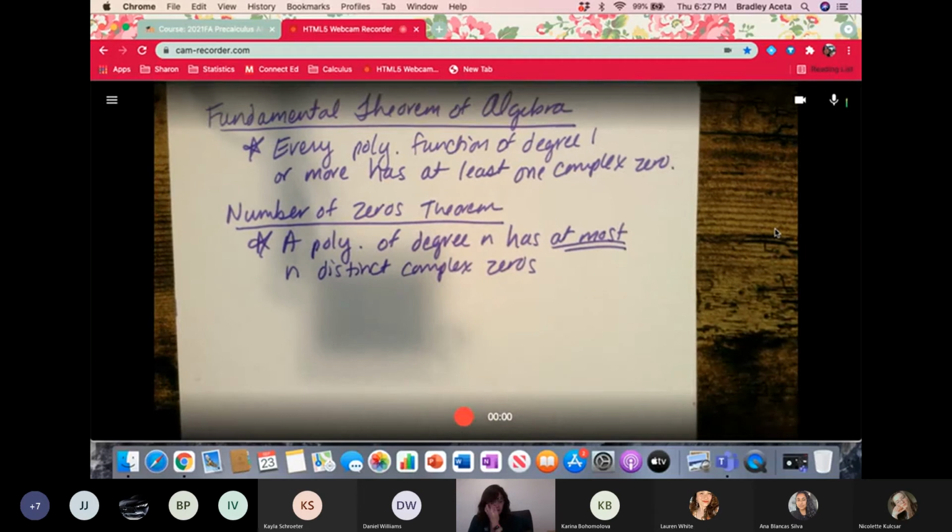And we learned about that last week when we saw that zeros are factors. We can write them as factors. They're also x-intercepts. And we noticed that the most they could have, if it was a degree 3, is 3. They could still have 2. They could still have 1, but the most they could have would be 3. Same thing with the zeros theorem, the most distinct complex zeros they could have would be n of them.